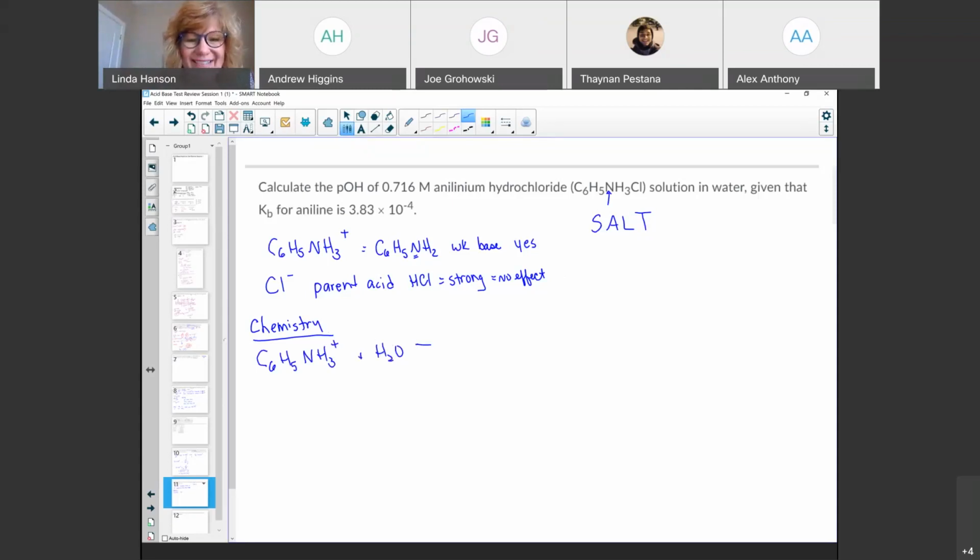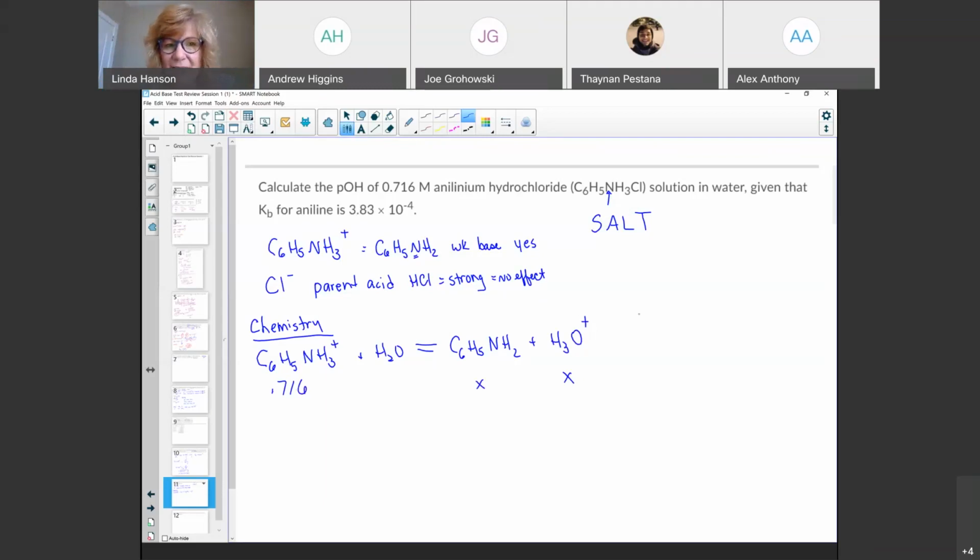It'll form its conjugate base, and it will make the solution acidic, H3O plus. So it's a proton transfer from the conjugate pairs. At the beginning, we have a 0.716 molar aniline hydrochloride solution. Let's let the value of the two ions be x.